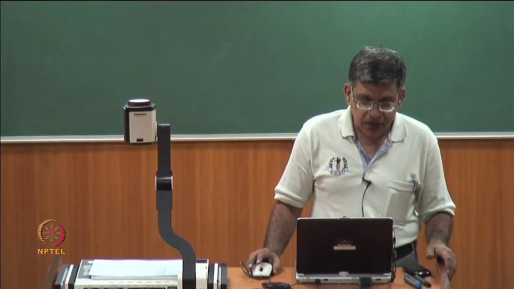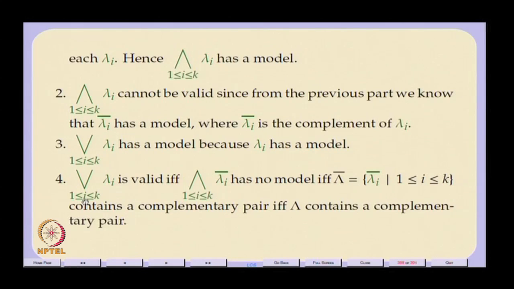And any big OR is valid if and only if the big AND of the complements has no model, if and only if this set lambda bar contains a complementary pair, if and only if lambda contains a complementary pair.